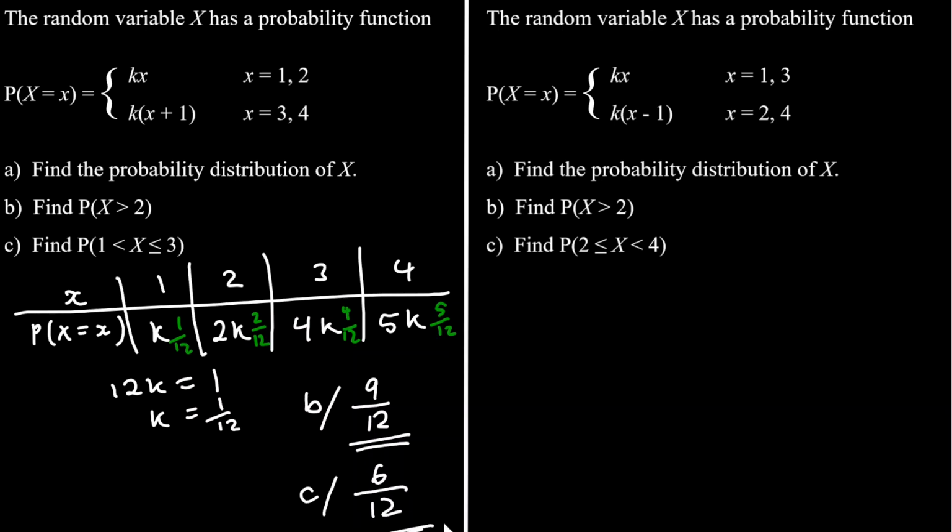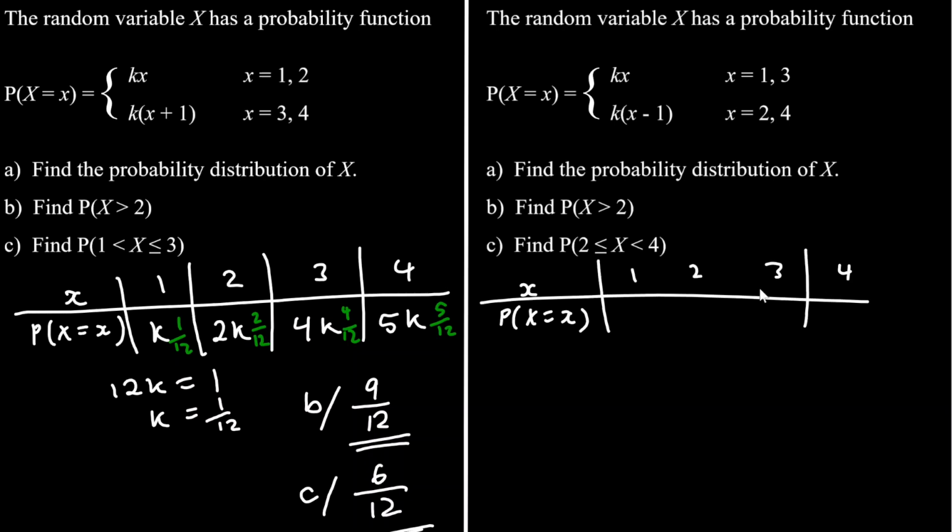One question for you to try, see if you can give it a go. So we're going to find the probability distribution of x. So we can get 1, 2, 3, or 4 again. So for 1, it's k times x, which is k times 1.